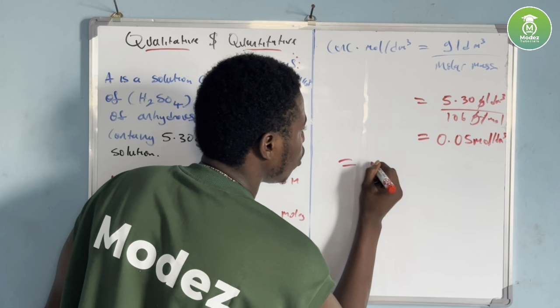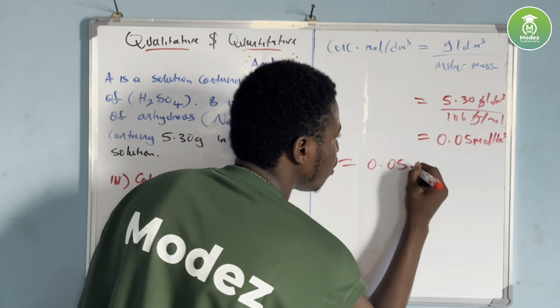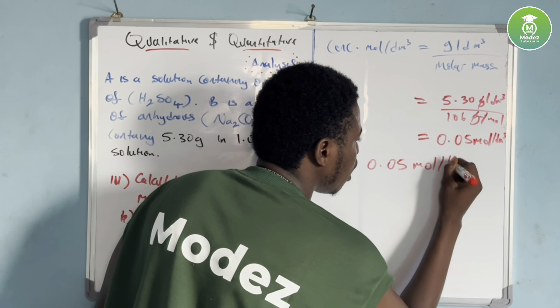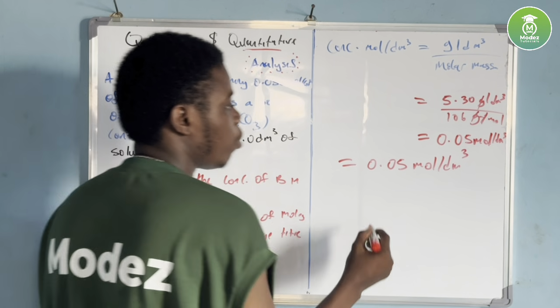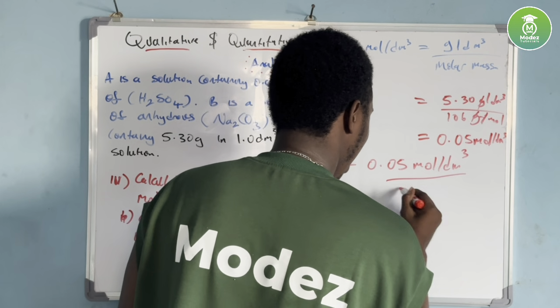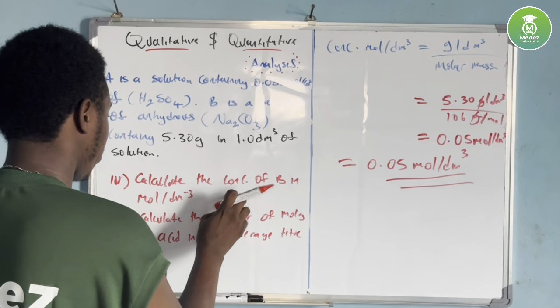Let me write this very well here. 0.05 mole per dm cube. This is your answer for this particular question, right?